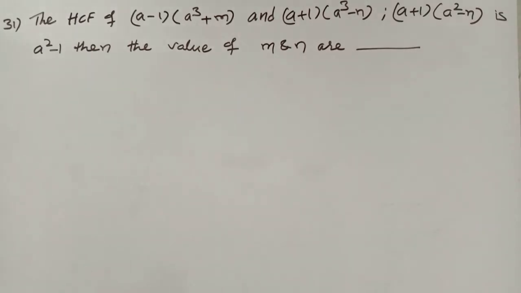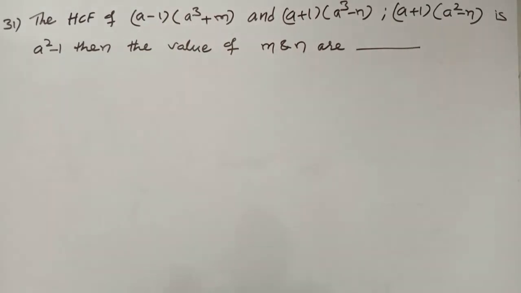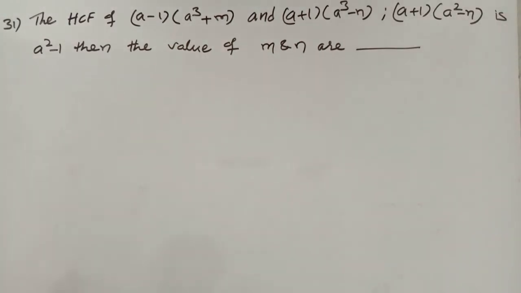So children, here the HCF of (a minus 1)(a cube plus m), (a plus 1)(a cube minus n) and (a plus 1)(a square minus n) is a square minus 1. The HCF of these three terms is a square minus 1. Then I need to find the values of m and n.